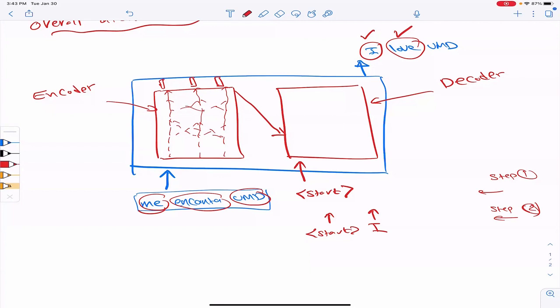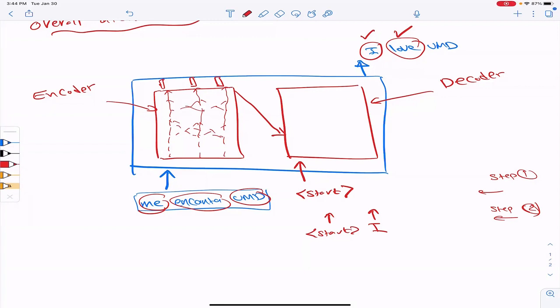Remember, in the different decoding steps, the encoder is fixed, right? So you've already encoded the information, you're done. Then you're basically repeatedly decoding the next word. You start with the start token and ask, based on the information I have, what would be the most likely or most appropriate first word as my output?